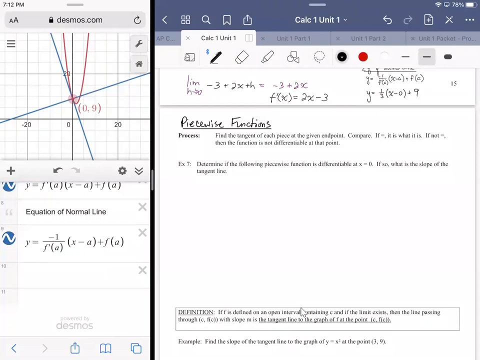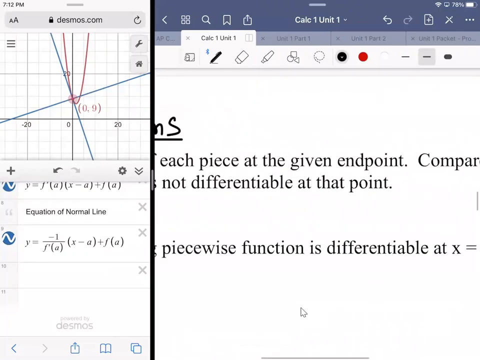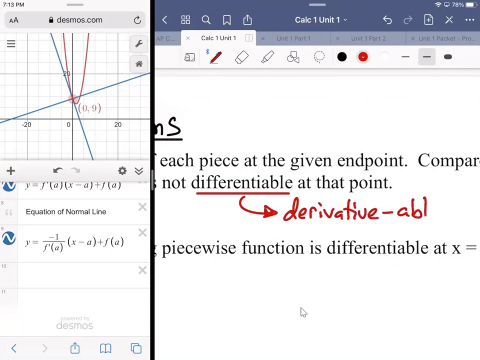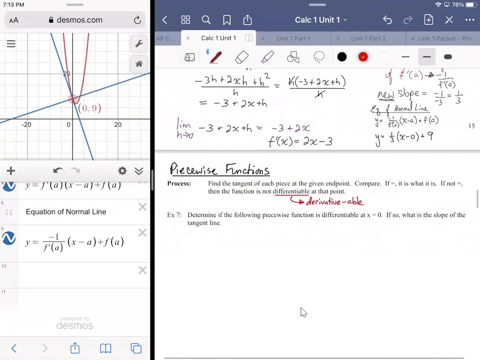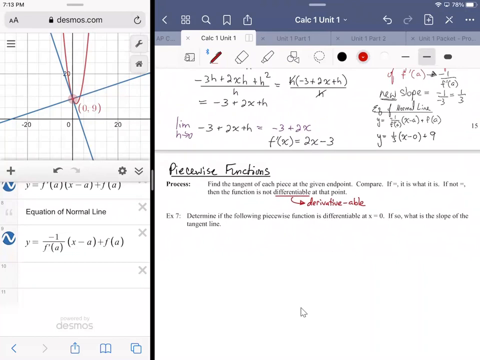In order for a function to be differentiable, or I like to say derivativable, we need to make sure that there is no contradiction in slopes at any point.